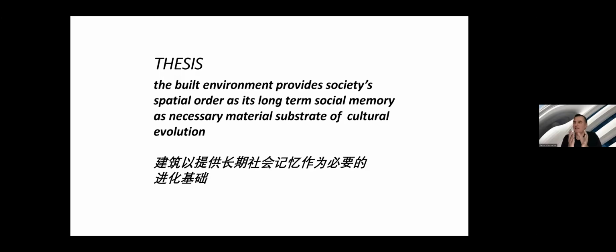So basically, the point here is that this evolution still continues, but it's important that it could never get off the ground without a built environment. We couldn't have a human society without a built environment, and without other design elements, not only for technical reasons, but for social ordering reasons.